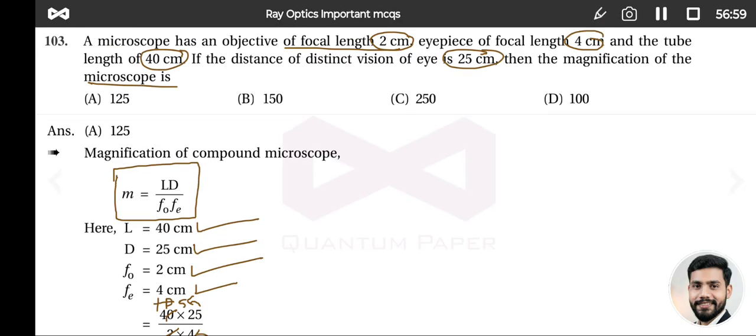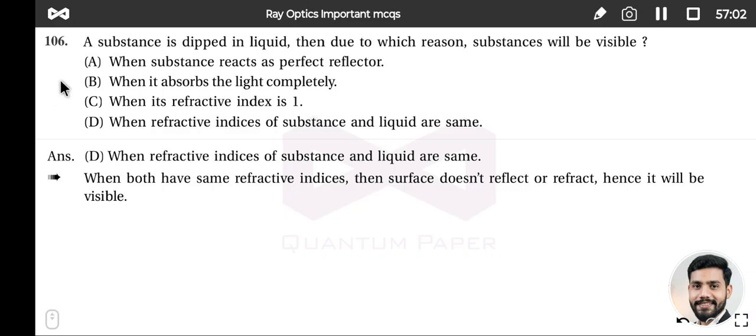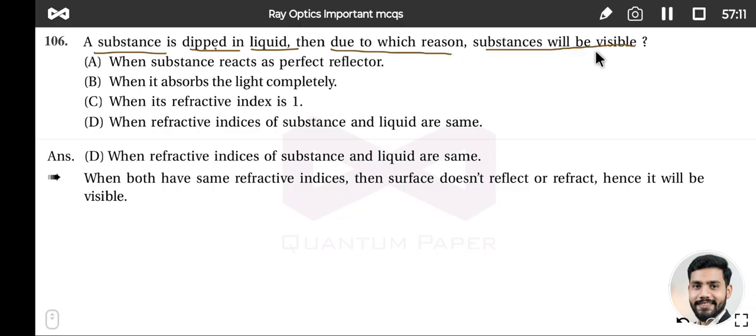Look at the next one. The question is, a substance dipped in a liquid, then due to which reason will the substance be invisible? Okay, the question here is invisible.